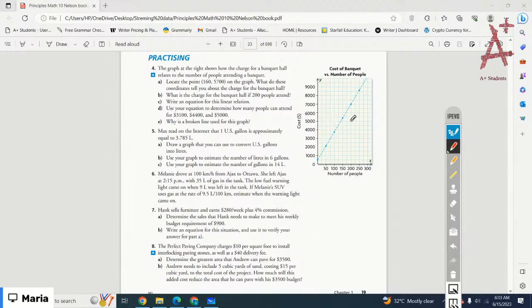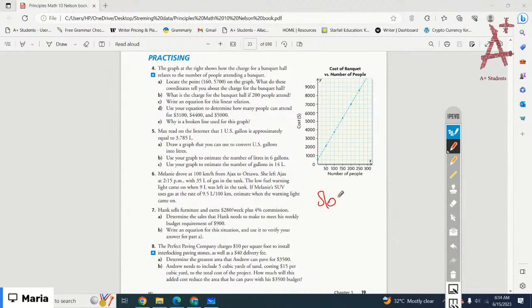You can select any 2 points and calculate using this one and this one. Let me just see the difference between the points.